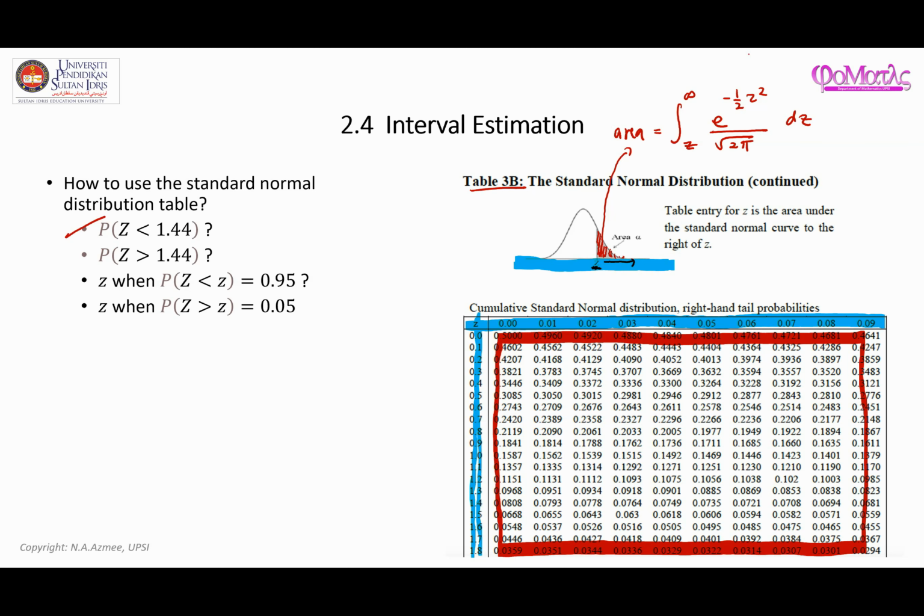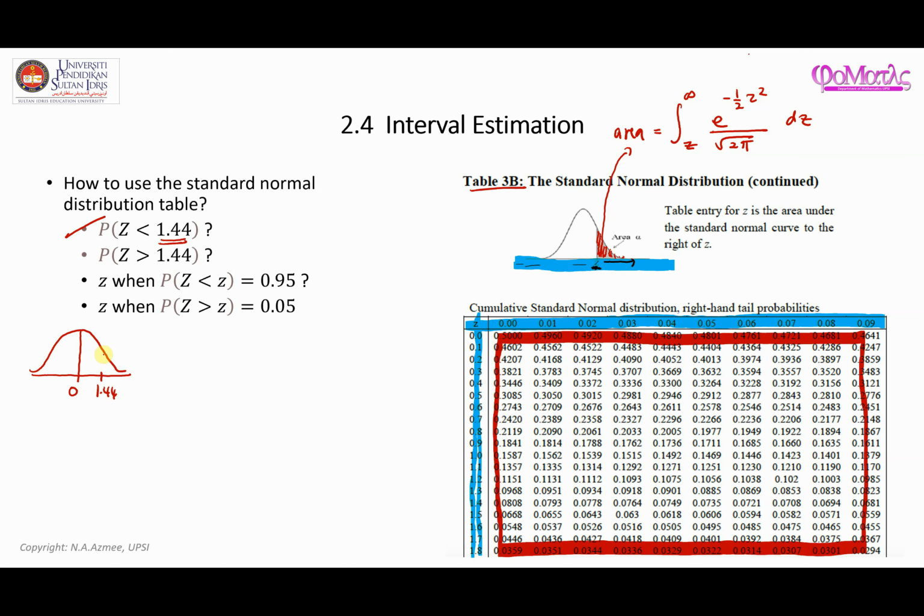We have probability z less than 1.44. Let us sketch this question. We know that the middle point is going to be 0, and 1.44 is the z value, referring to the horizontal axis, to the right of this distribution.